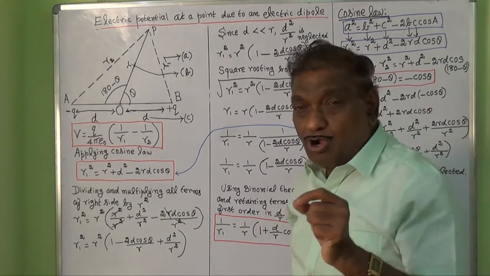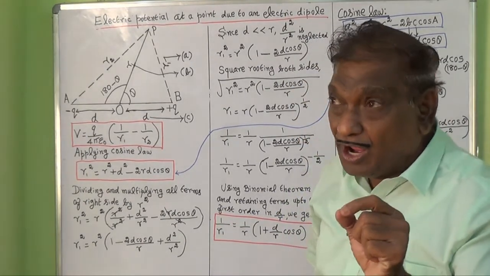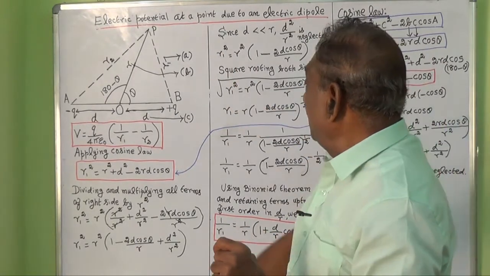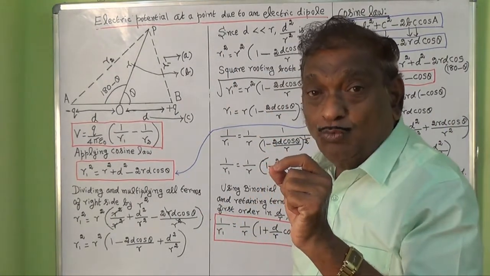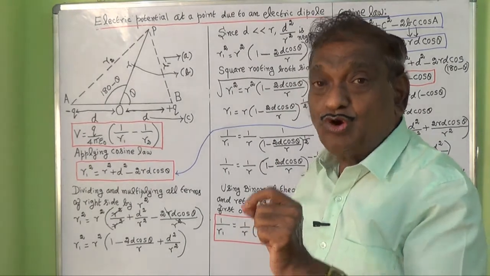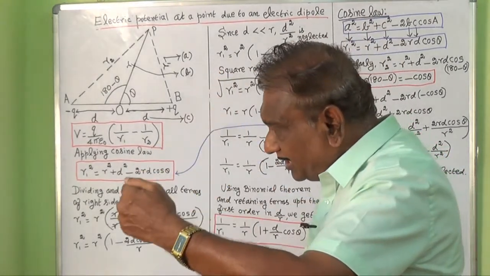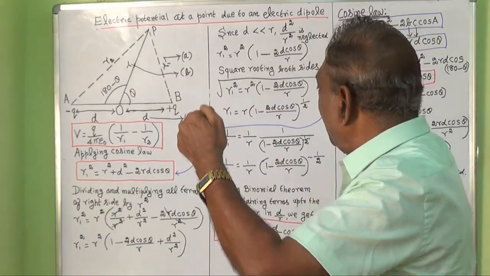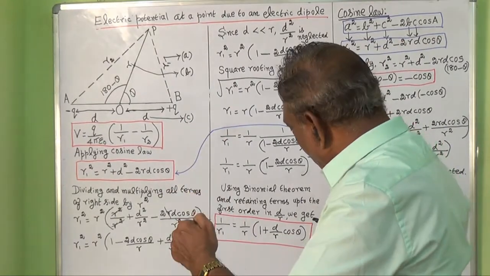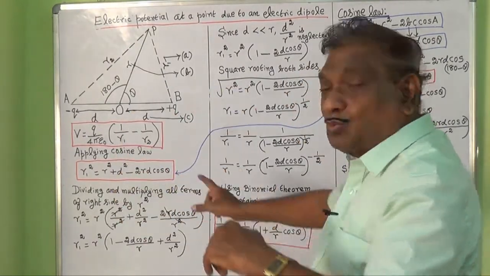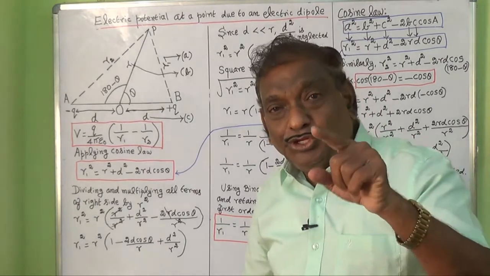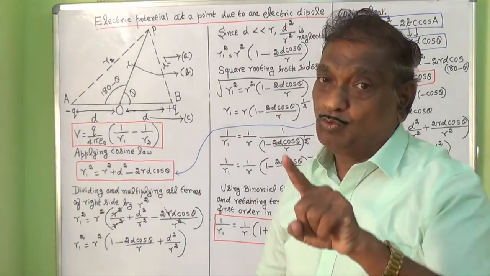Now we have got the equation for R1 square, but we need 1 by R1. So from this R1 square, we have to find R1. After finding R1, we are going to find 1 by R1.